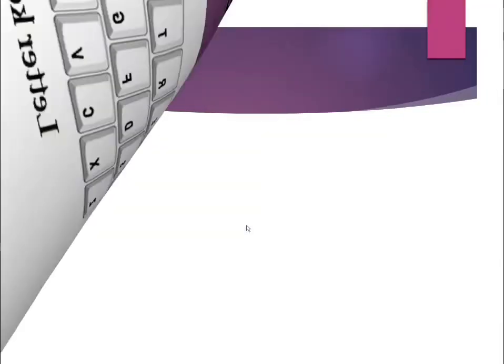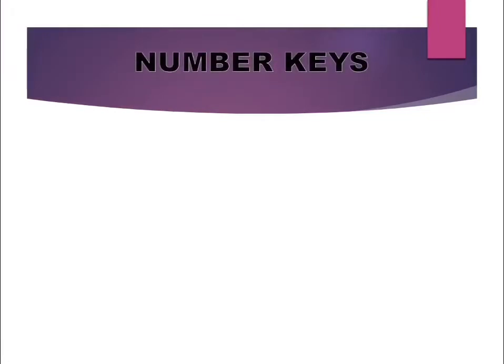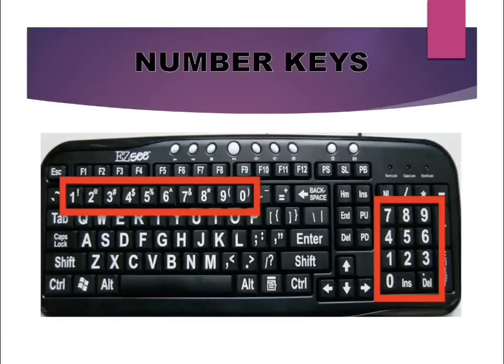The next set of keys is the number keys. Number keys start from 1 and end at 0. So in total there are 10 number keys, but there are two sets of number keys. One is on the top row, and the second is on the right hand side, which is known as the numeric keypad.